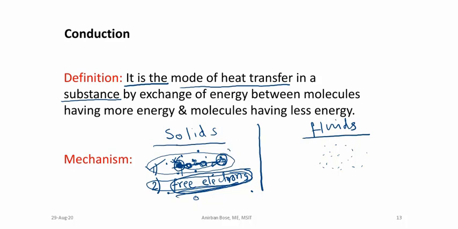So the first one is the vibration energy, and the second point is the free electrons. Motion of the free electrons also carries heat from one position to another position.